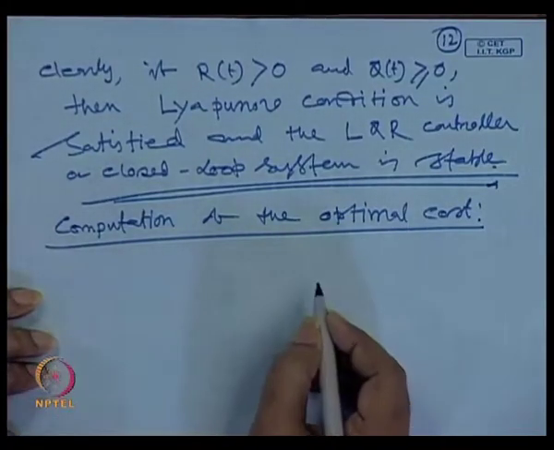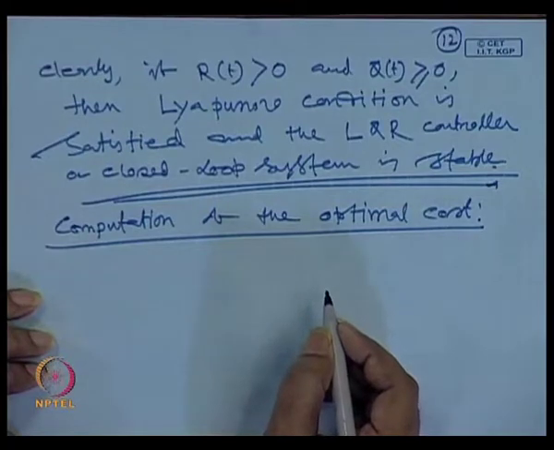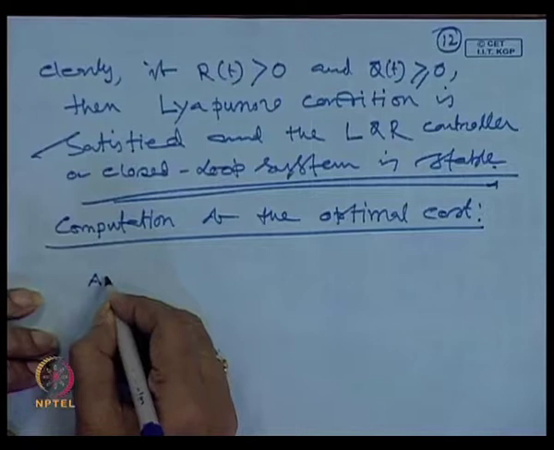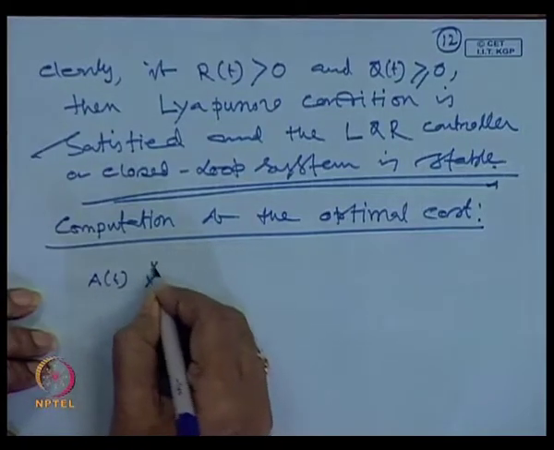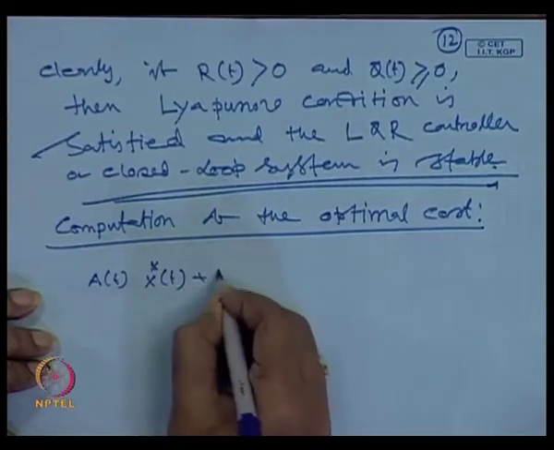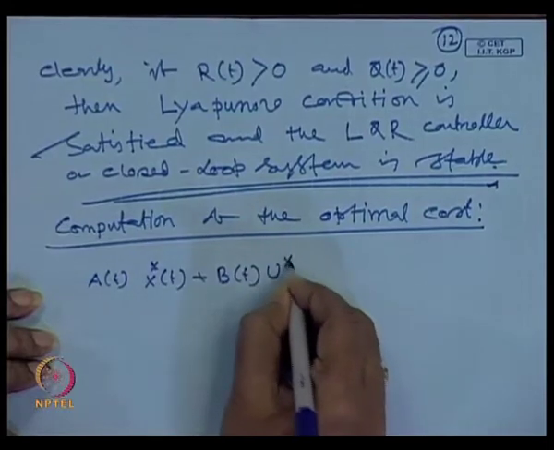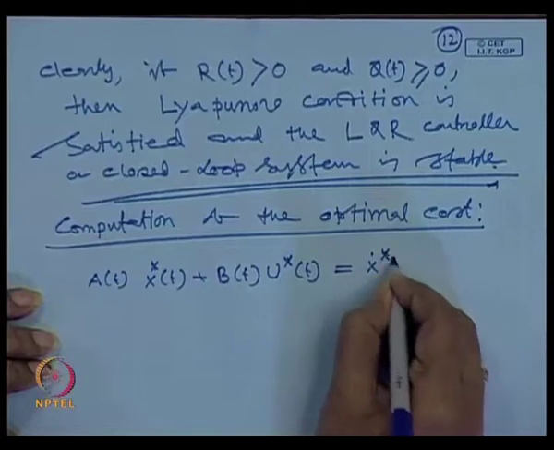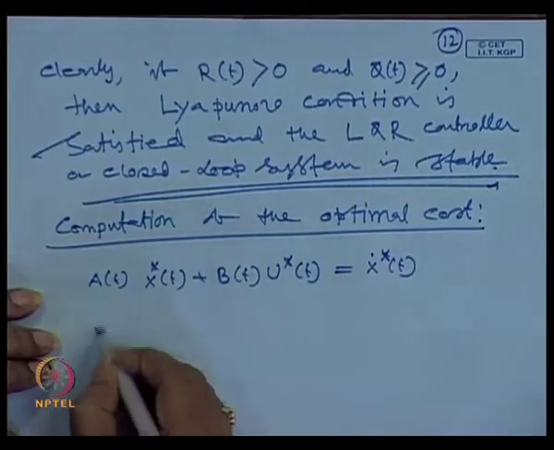Naturally, the trajectory we get corresponding to the optimal control law, A of t x star of t plus B of t u star of t, must satisfy that equation.